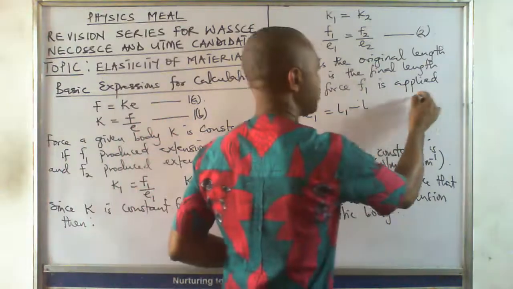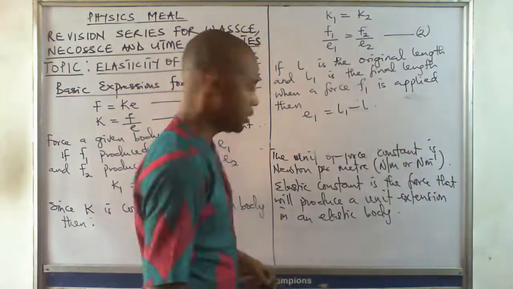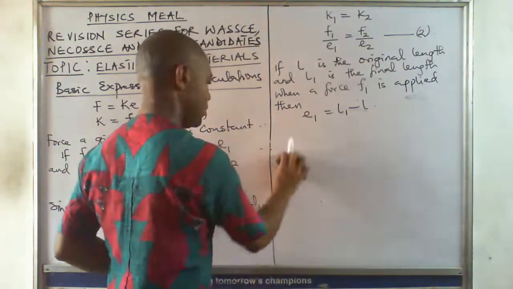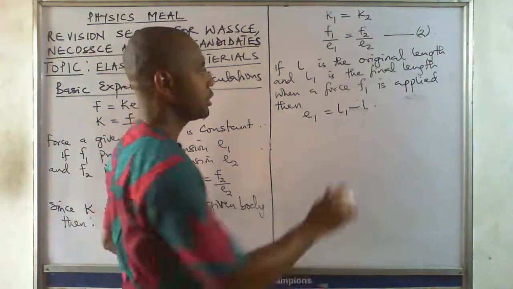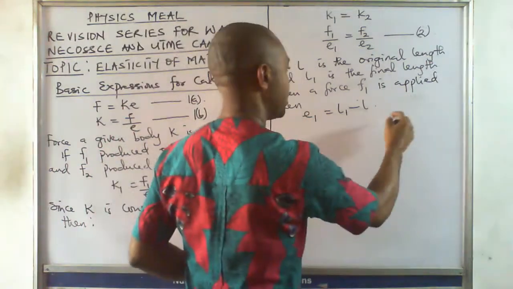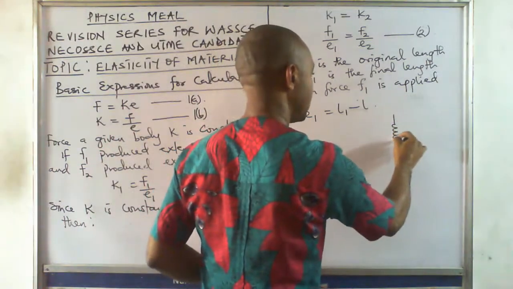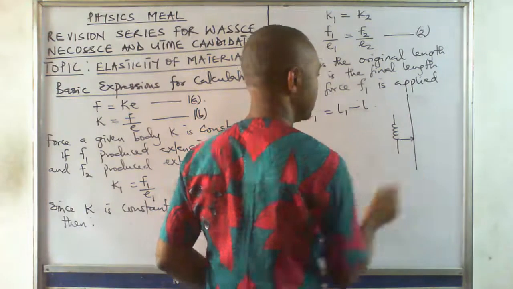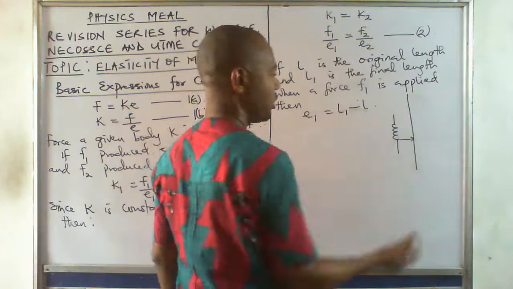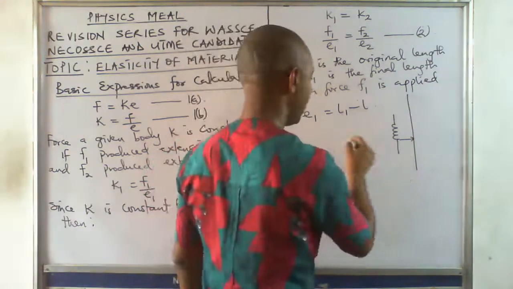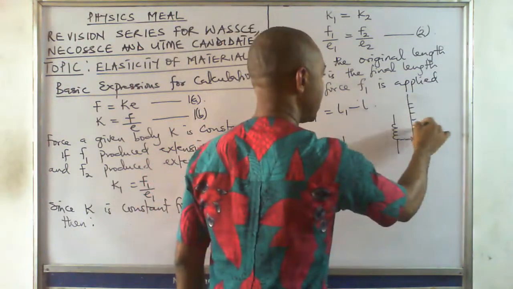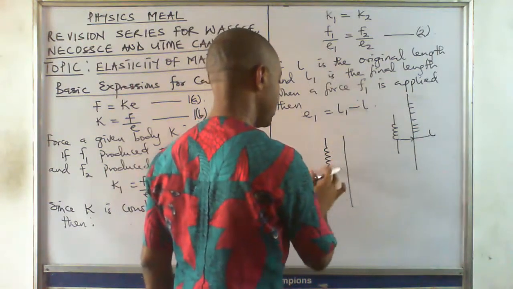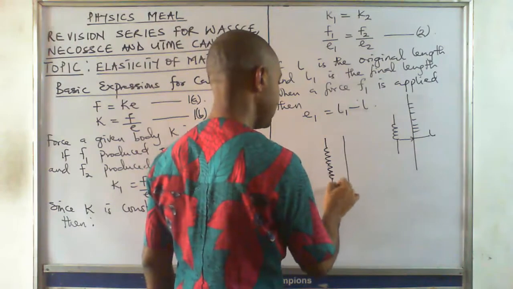If I have a spiral spring like this, let's illustrate it. If I have a spiral spring of this nature, and let's say I have a meter rule indicating the original length L, and when we apply the force, it extends to this.